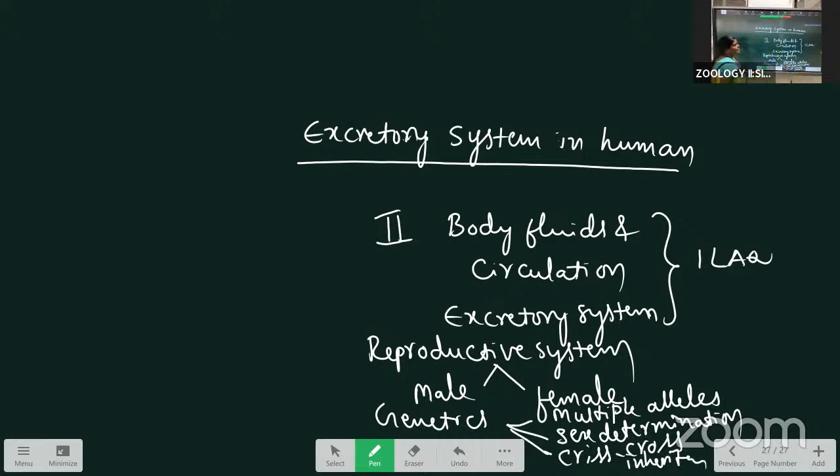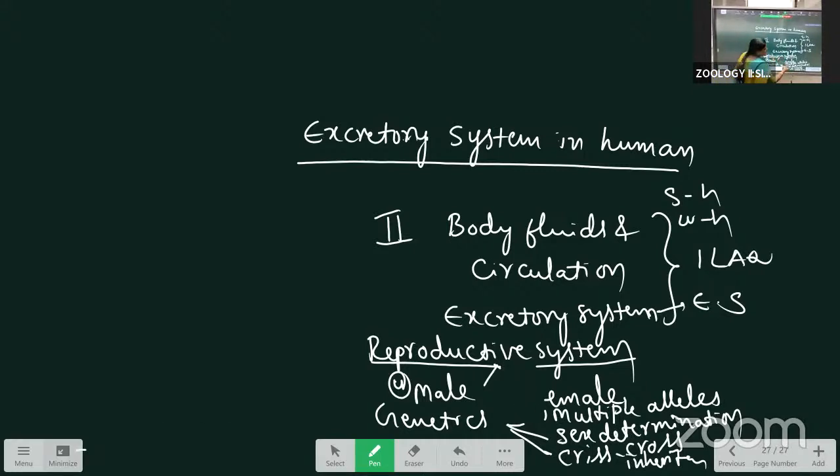How many are important? In body fluids and circulation, the structure of the heart is one question and the working of the heart is one question. In the excretory system, there is no need for the formation of urine, that is not that important. So from the systems, learn three LAQs: the excretory system, the male reproductive system, and the female reproductive system.